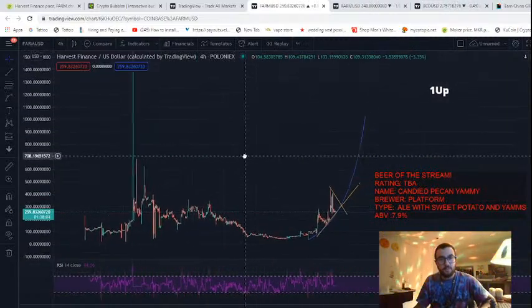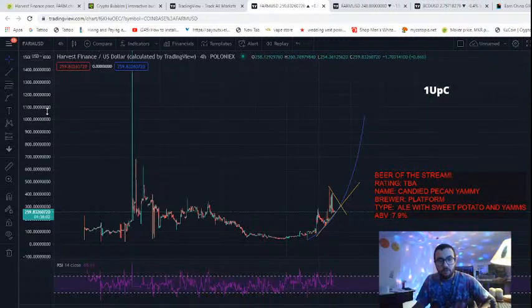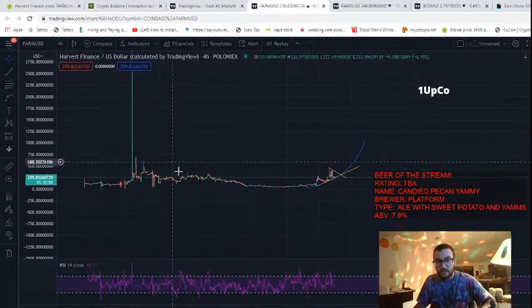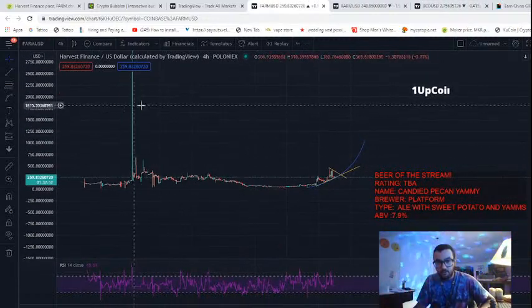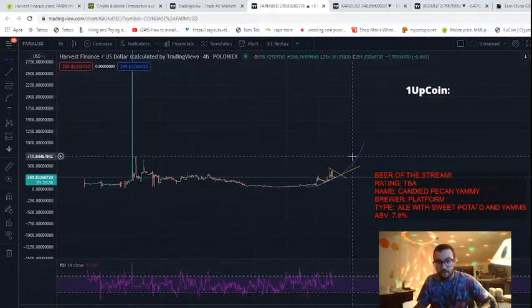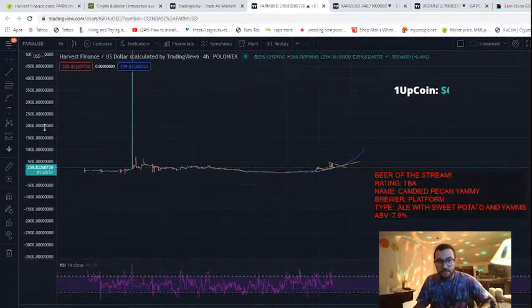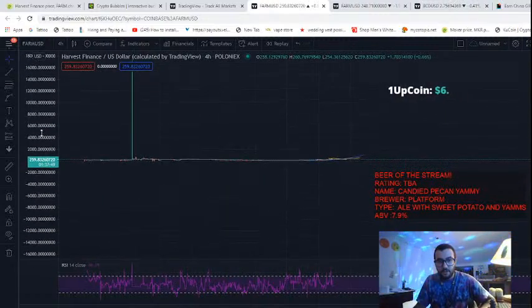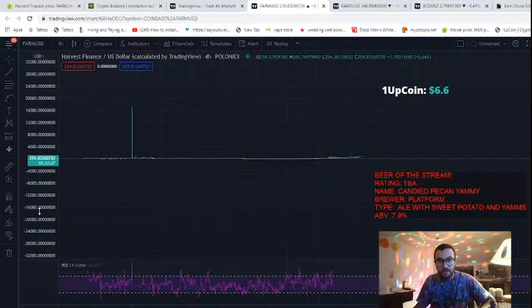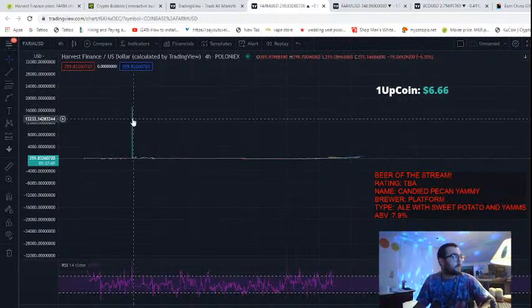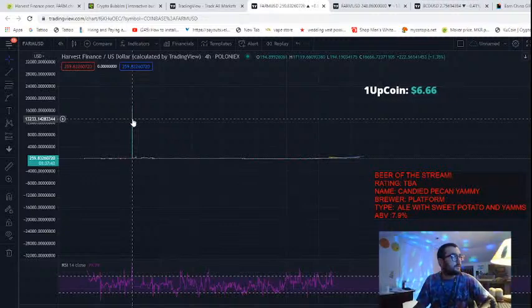If you look at the previous price action in history, look what happened. It was all on Poloniex anyways. This asset was at an all-time high on Poloniex of $17,119 per coin.